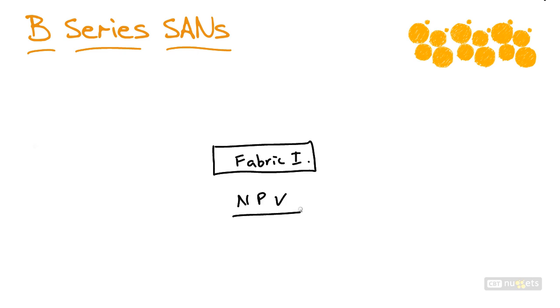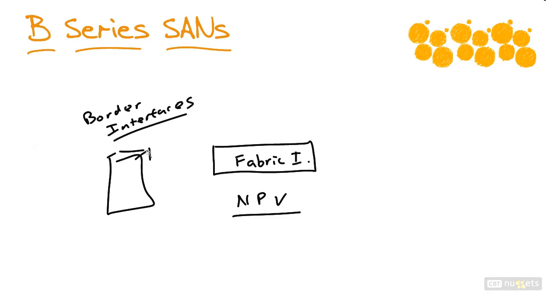So we have the UCS Fabric Interconnect functioning in that particular mode. Now, we have uplinks that go to the core switches. We often call these border interfaces. Now remember, one of the challenges when it comes to storage area networking is we are learning this new terminology, right? So flashcards can definitely help you. So we have our MDS core switch. We call it a border interface that's on the Fabric Interconnect.